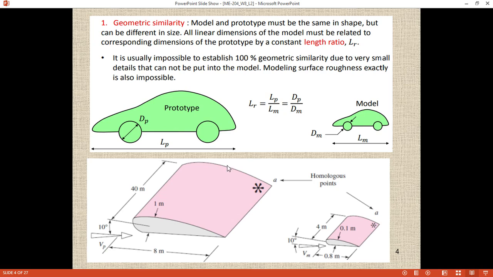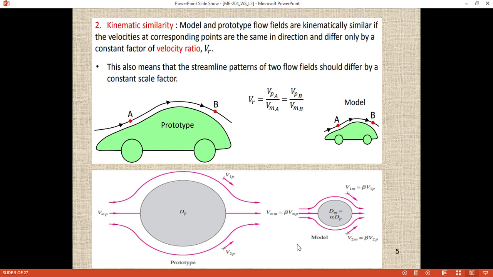All the linear dimensions must be reduced with a length ratio, and also all the streamline patterns in velocity or the acceleration pattern must be reduced with the acceleration ratio or the velocity ratio. I explained already in the previous slide.